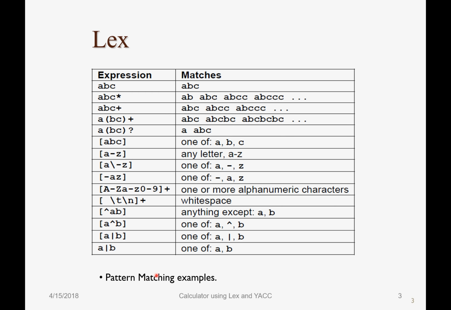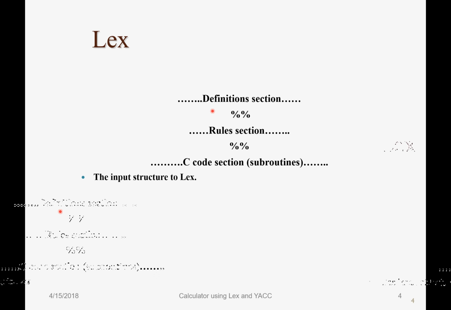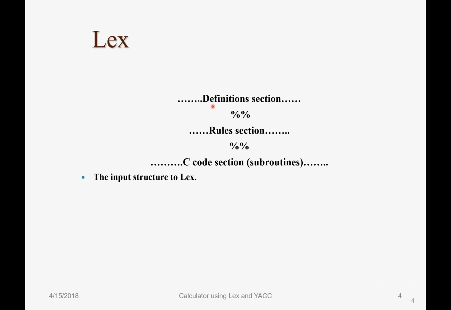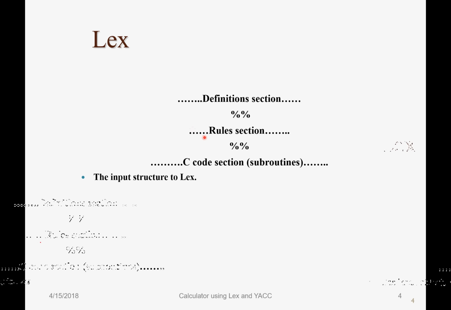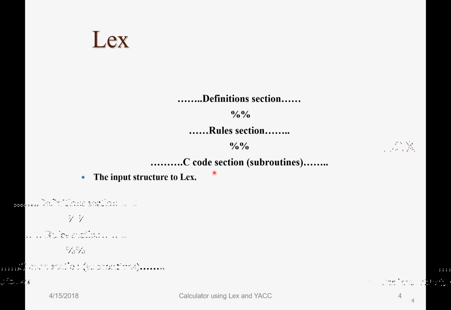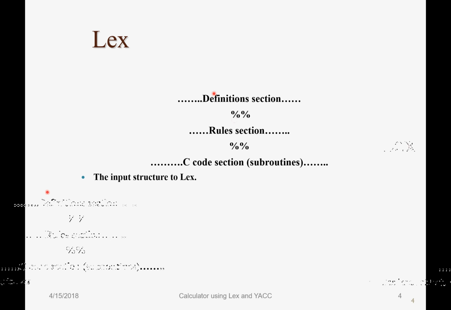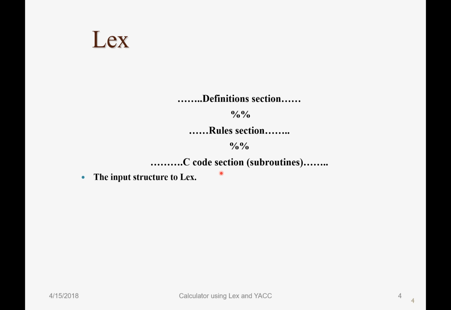Pattern matching example. Now LEX has three sections. The first section is the definition section, the second section is the rule section, and the third section is the code section or subroutine section. All three sections are divided by the percent sign: first section, then separator, second section, separator, and third section.